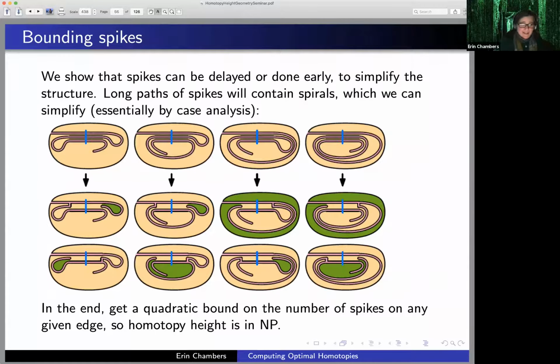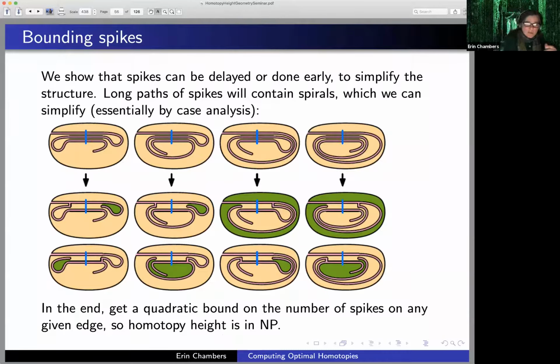So then we get the case analysis of how many times you can spike. In the end, we wind up getting a ridiculous bound, which is not the best possible, I guarantee, that you can't spike more than a quadratic number of times. I suspect the answer should be linear, because each time you spike, it should be a face. But quadratic was good enough for the NP part, so we didn't dither too much about how to get it down faster.